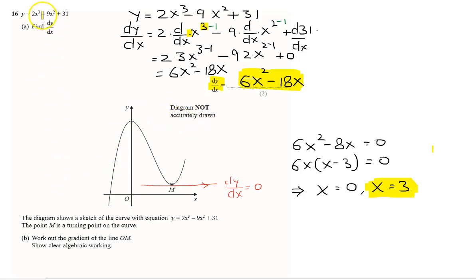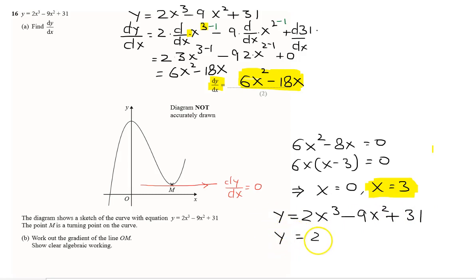If we put the value in this equation, our equation is y is equal to 2x cube minus 9x square plus 31. M is on this curve, and the x value is given as 3. So if I put the value 3 here, I will get the value of y.